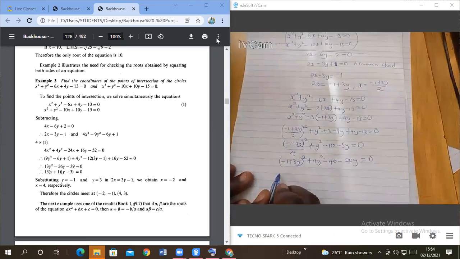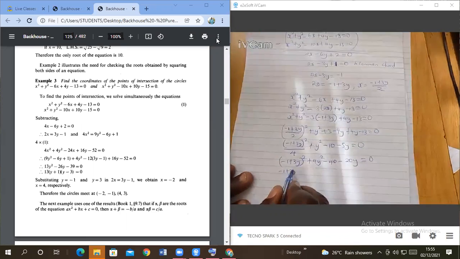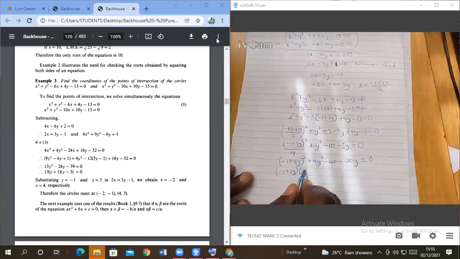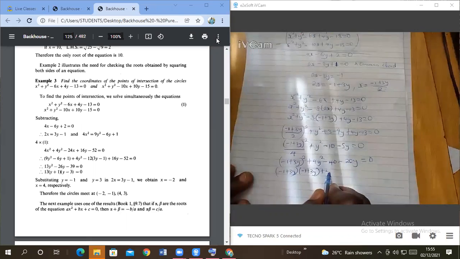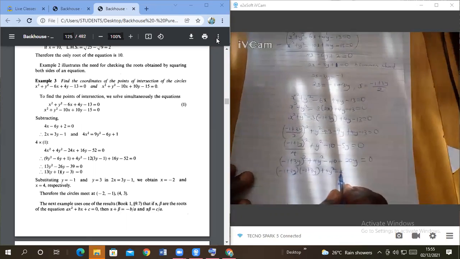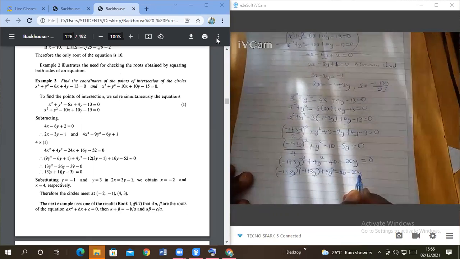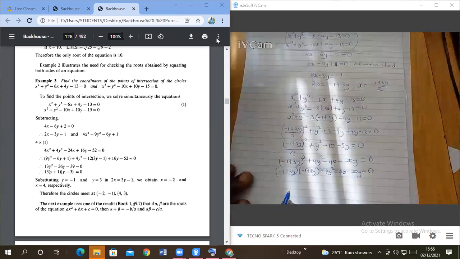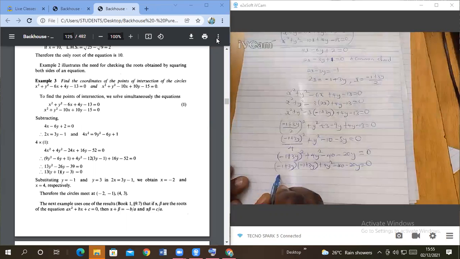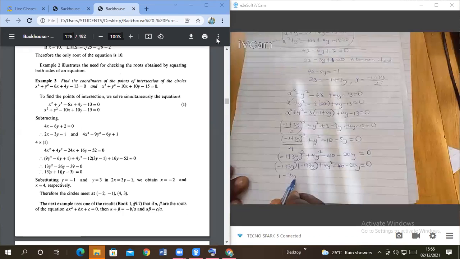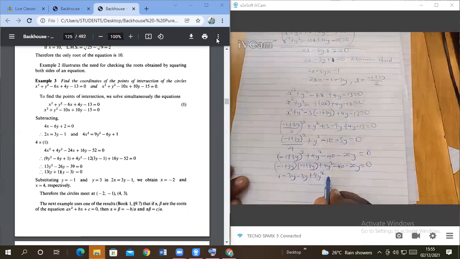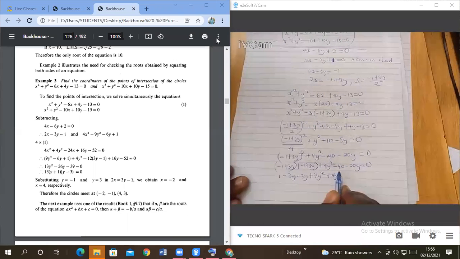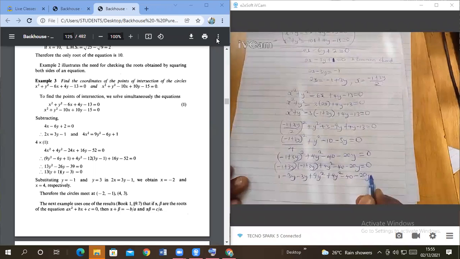Now we expand this. You have negative 1 plus 3y times itself, plus 4y squared minus 40 minus 20y is equal to 0. Expanding this, we get 1 minus 3y minus 3y plus 9y squared plus 4y squared minus 40 minus 20y is 0.